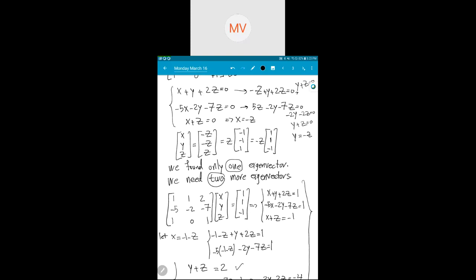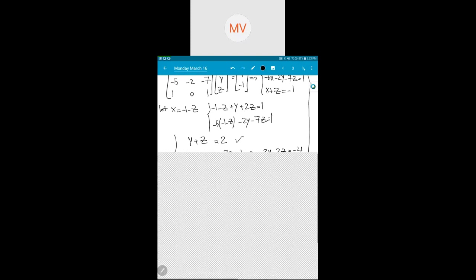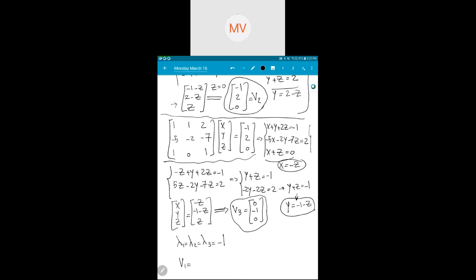The V1 we picked is 1, 1, negative 1. We chose V2, negative 1, 2, 0. V3 is 0, negative 1, 0.